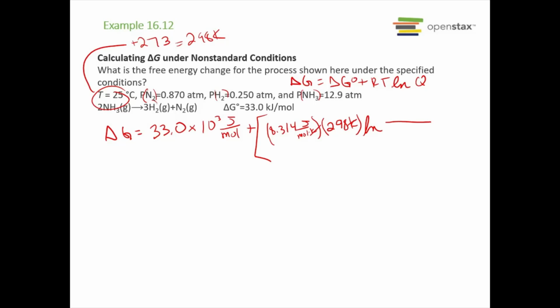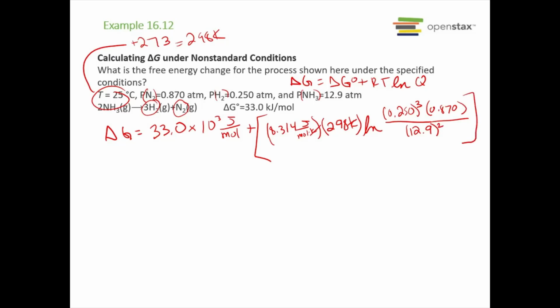So we have partial pressure of H2 cubed, so that's 0.250 cubed, times our other product, which is nitrogen, partial pressure of nitrogen to the first power, 0.870, divided by our partial pressure of our reactant, which is ammonia squared, and we're told is 12.9 squared.